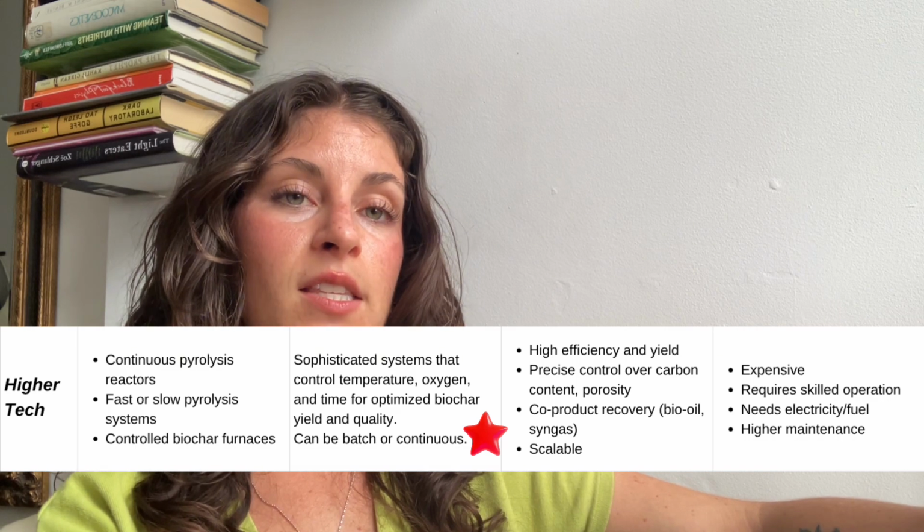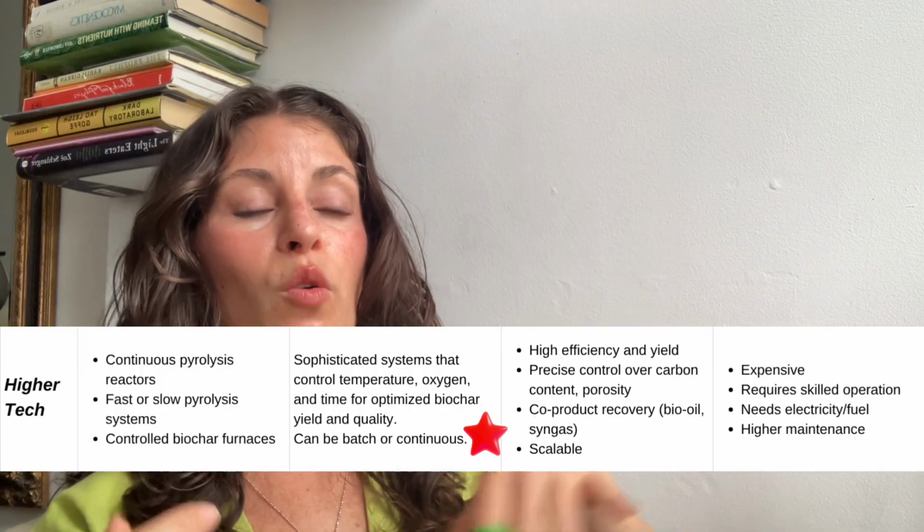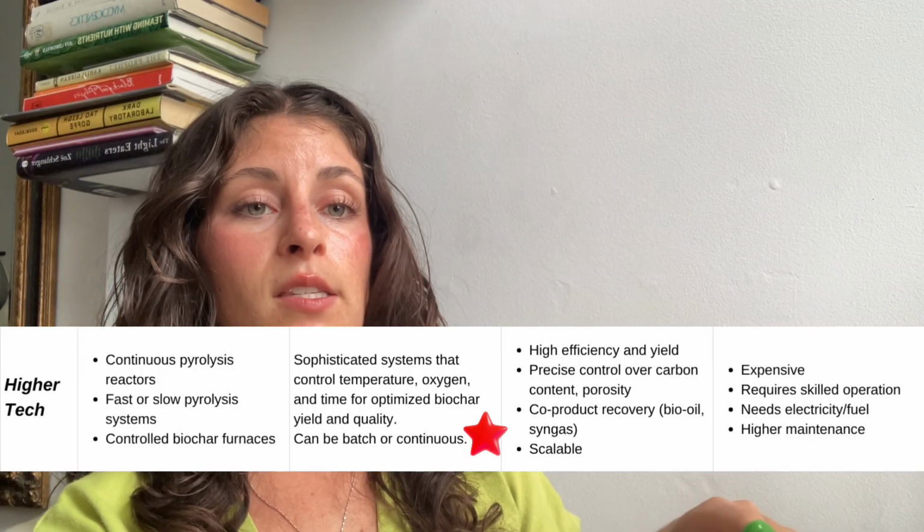I was able to control the temperatures, ensure that it was giving a consistent temperature around the biochar, control the fact that there was no oxygen there, and I knew exactly how much time it was going to be running. Batch versus continuous, that's like, okay, I'm going to process all this right now, or I'm going to continuously run this system as long as we're getting input.